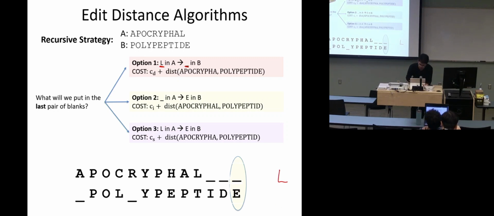Another choice is that we want to insert. That is, we put blank in A, and then we put the last character of B, which is E. The next choice is just to swap, from L to E. That's really just 3 possible things you can do.